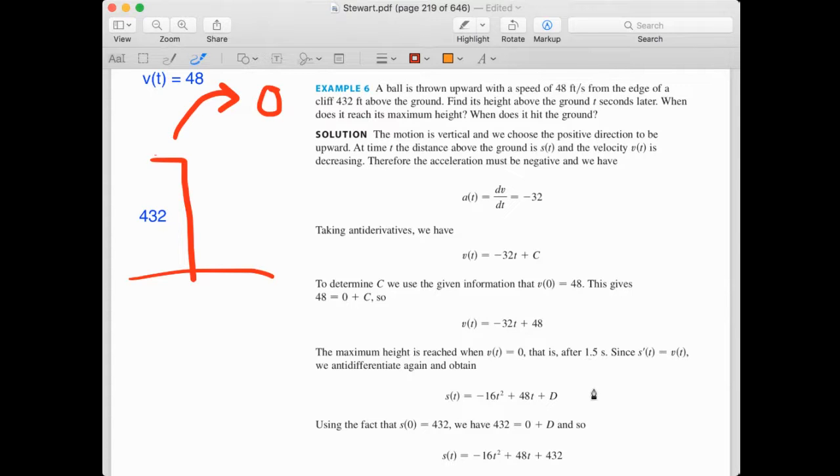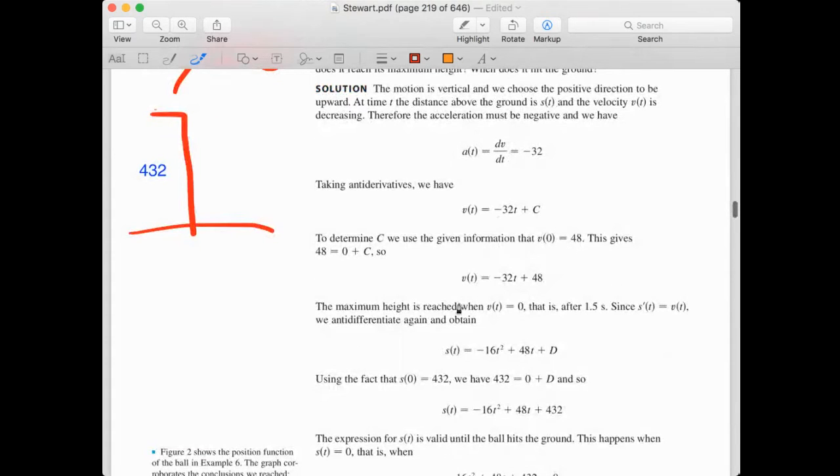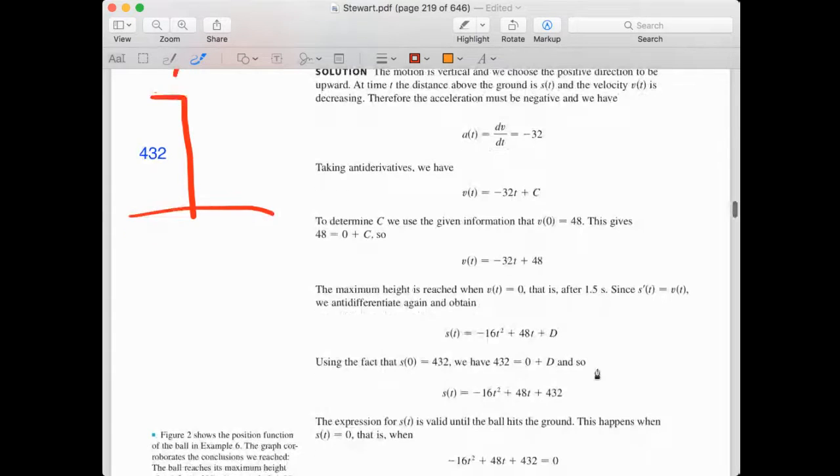Then we take the antiderivative of v to get s. We add 1 to the power of t, so t squared divided by 2 times negative 32 gives negative 16t squared. The antiderivative of 48 is 48t, then plus a constant. Now we have the initial height, 0, 432.